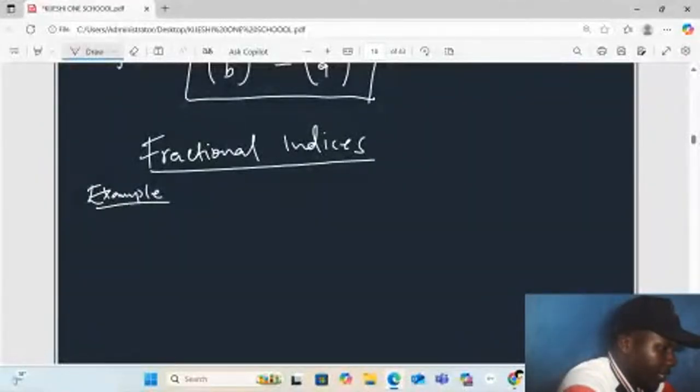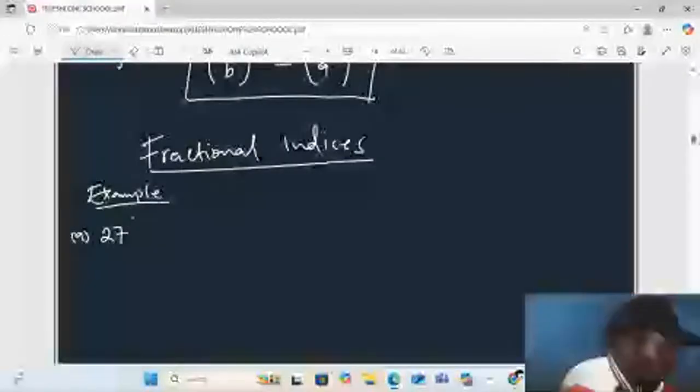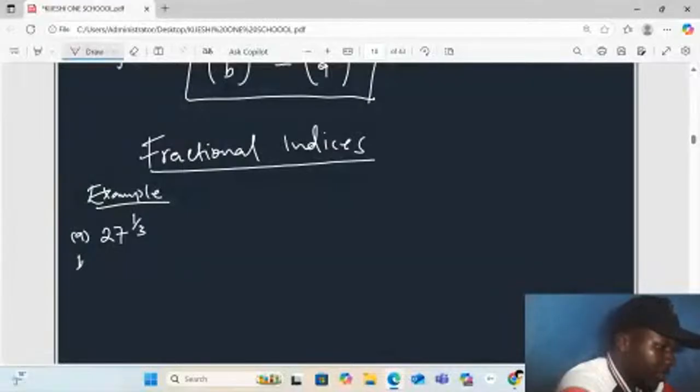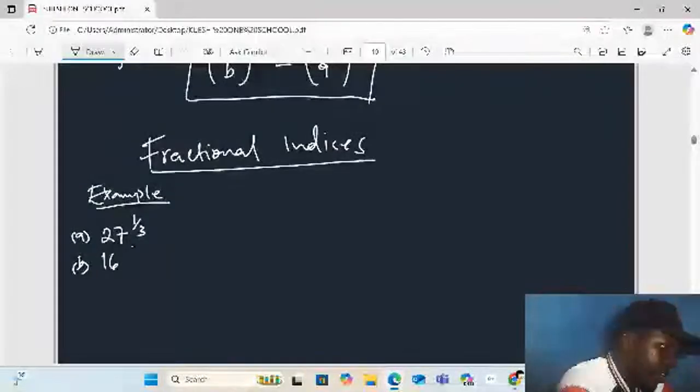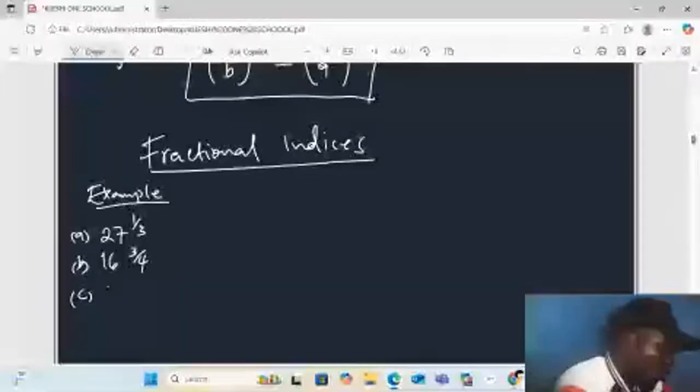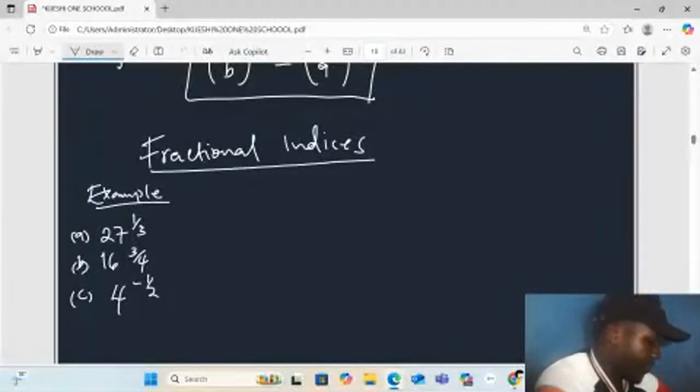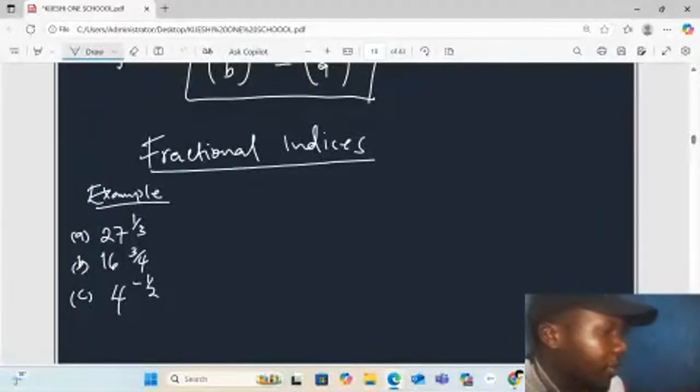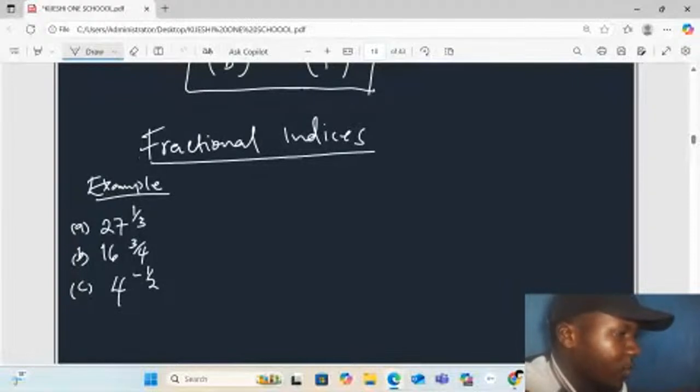We have A, 27 power third. Then B, we have 16 power third. And C, 4 raised to a negative half. So we have to work these ones out.